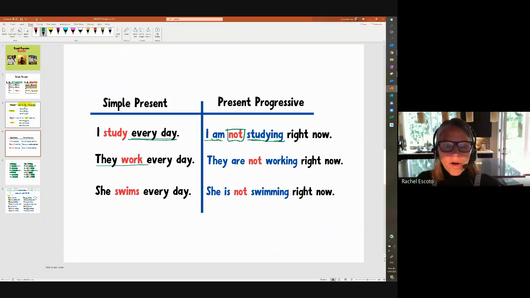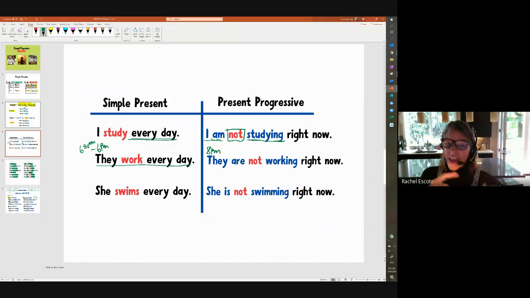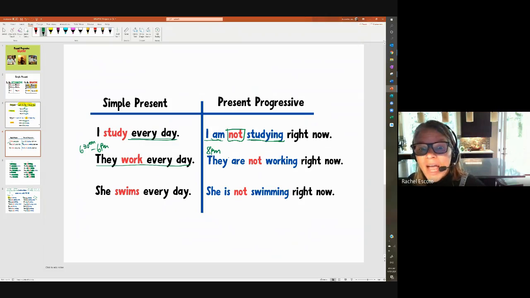They work every day from 6:30 a.m. to 6 p.m. But let's say it's 8 p.m. right now. They are not working right now.